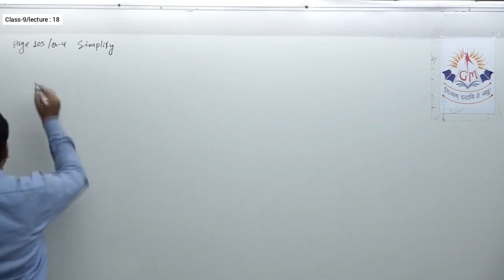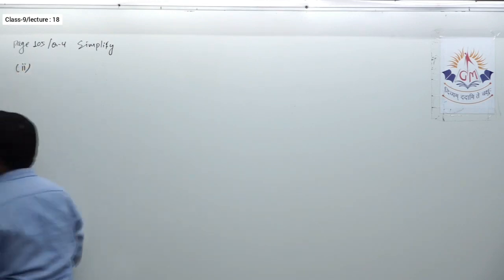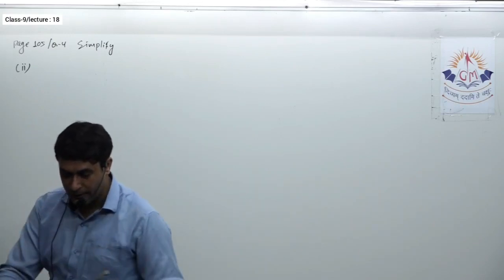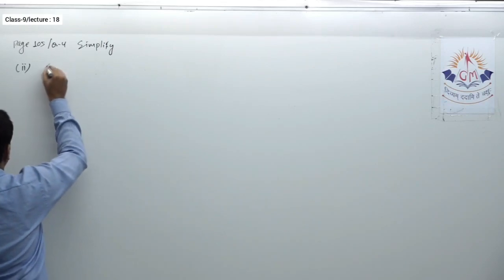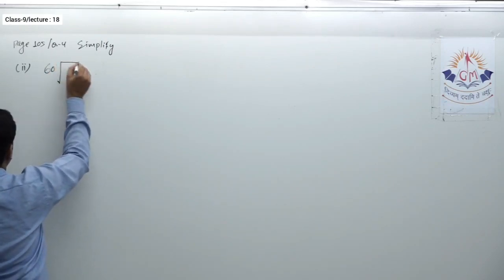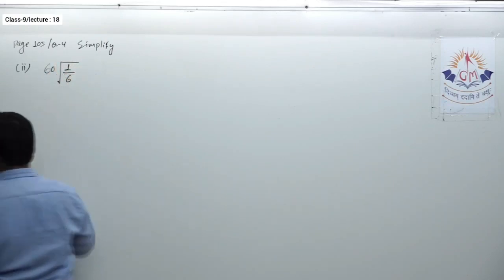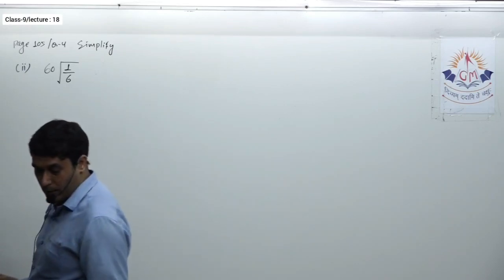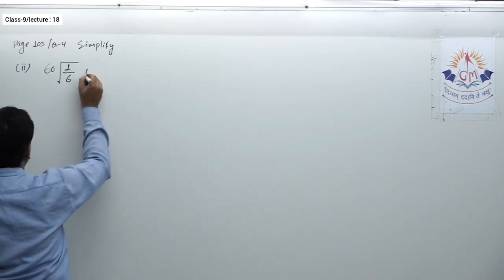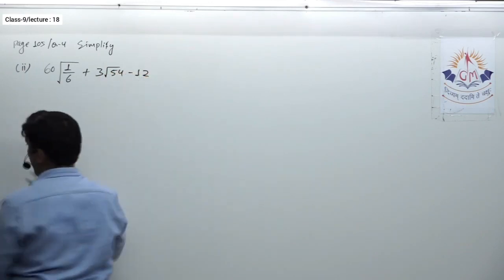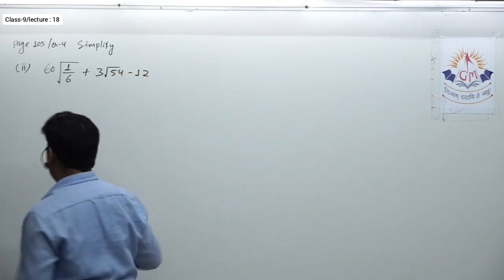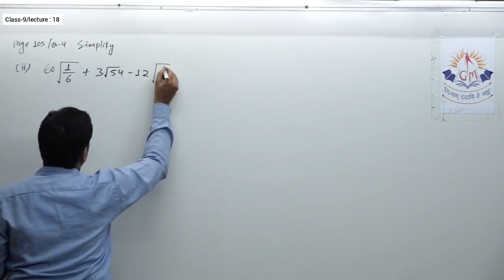Simplify, from the same page number, question number 4, its second part: 60 root of 1 upon 6 plus 3 root 54 minus 12 root of 1 upon 24.